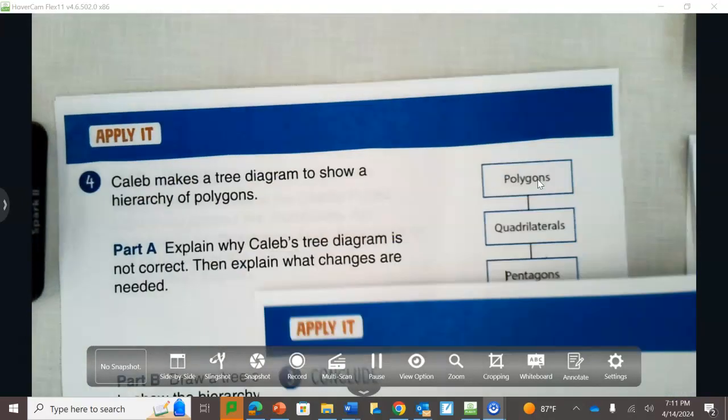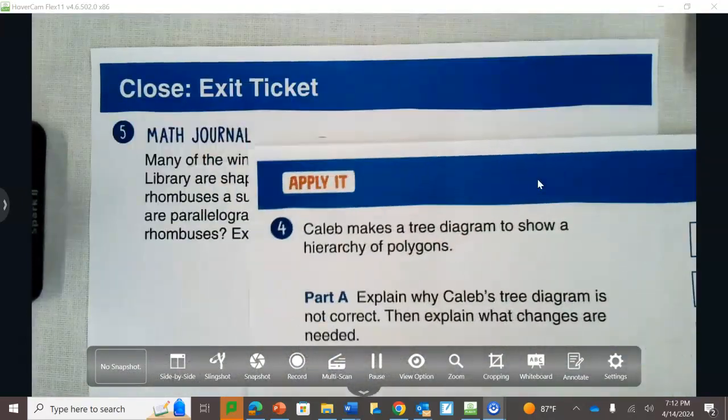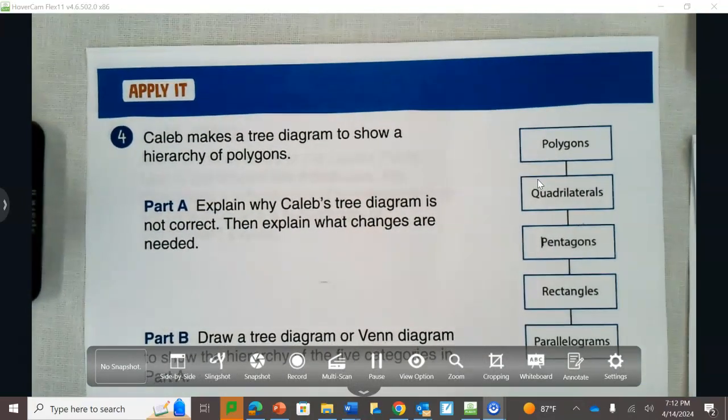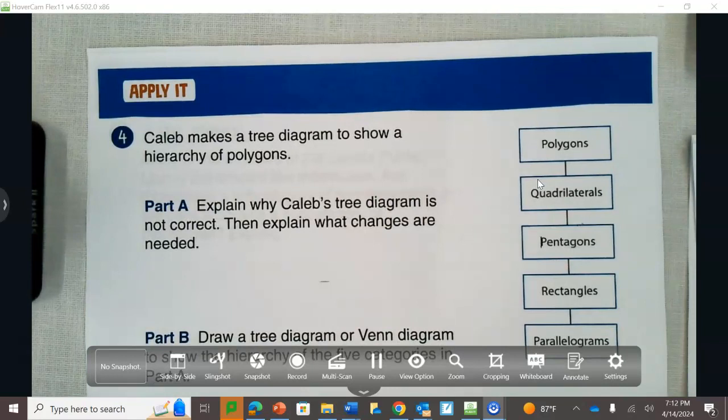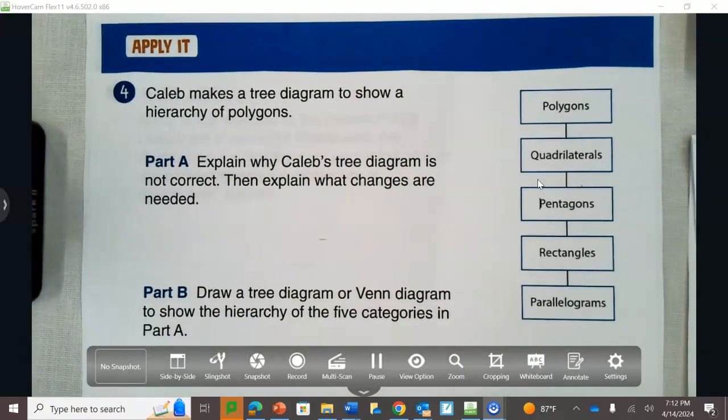Okay, my video is about to stop in just a moment. So I want you to go ahead and try number 4. There is a shape on here that does not really go with this tree diagram. It doesn't make any sense. So I hope you can point it out by yourself. That will be your exit ticket for today, and then you're allowed to get on iReady.